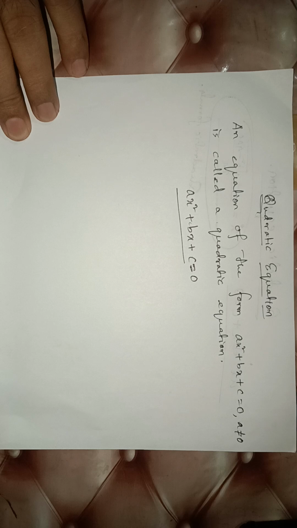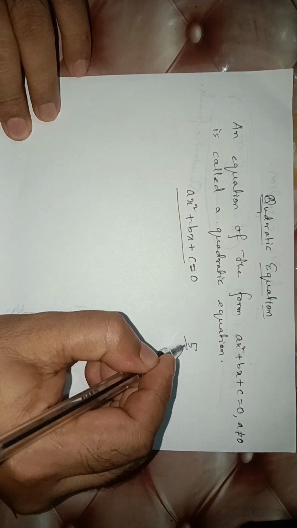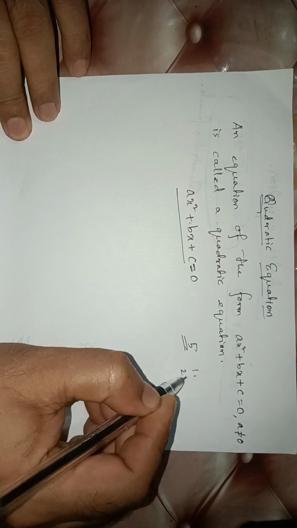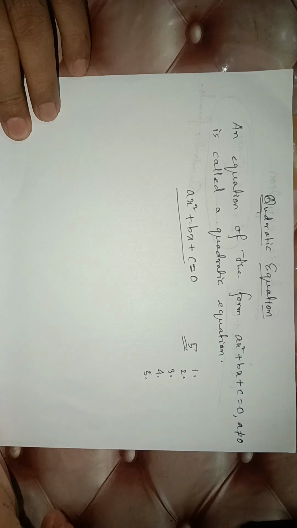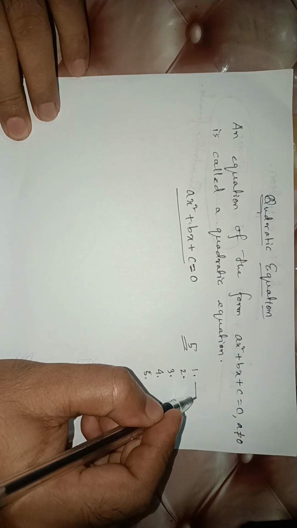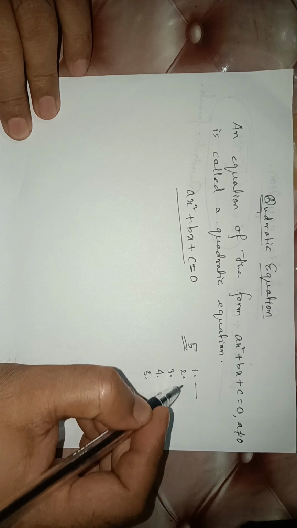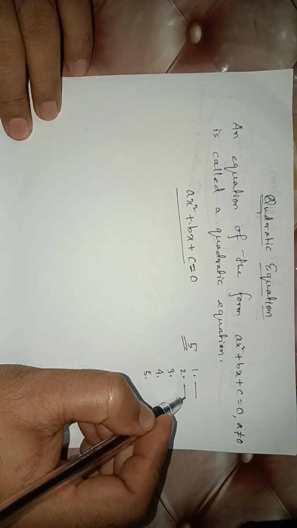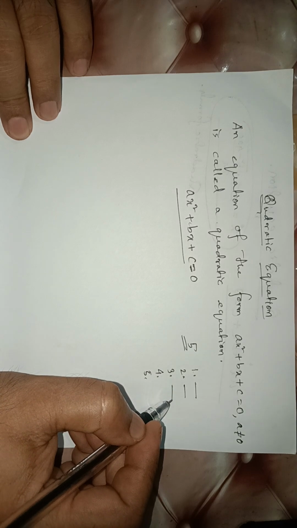I am telling you repeatedly, from class 8 even, that to solve a quadratic equation there are 5 different techniques. First, you will check whether any common factor is possible or not. Second, you will check whether any identity is applicable or not. Third, you will check whether middle term factorization is possible or not.